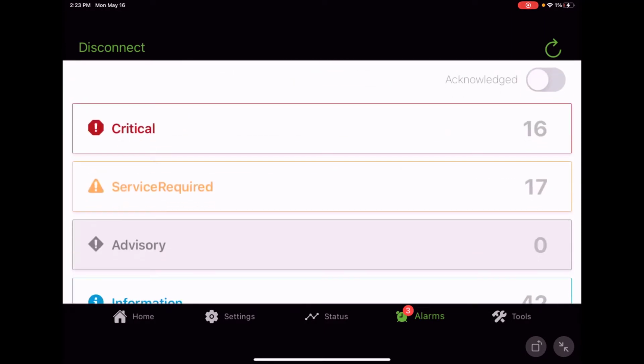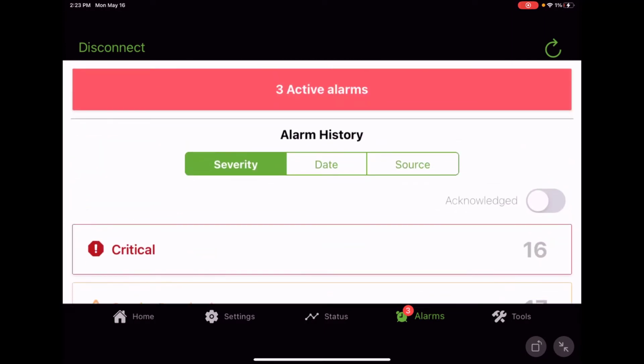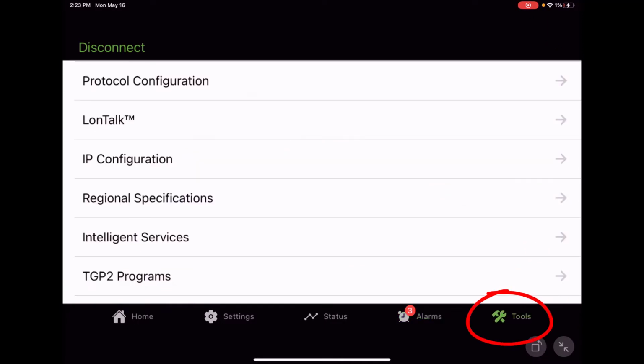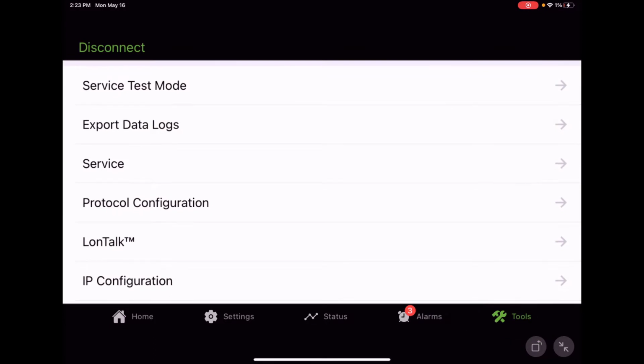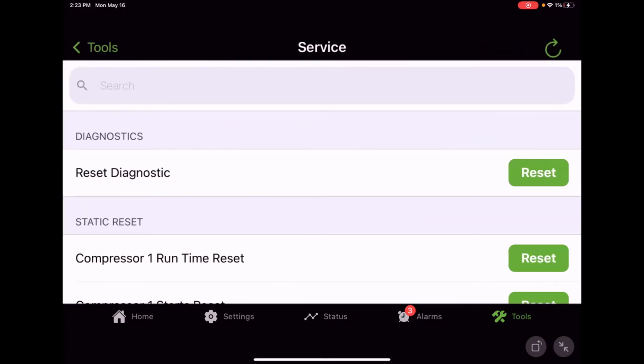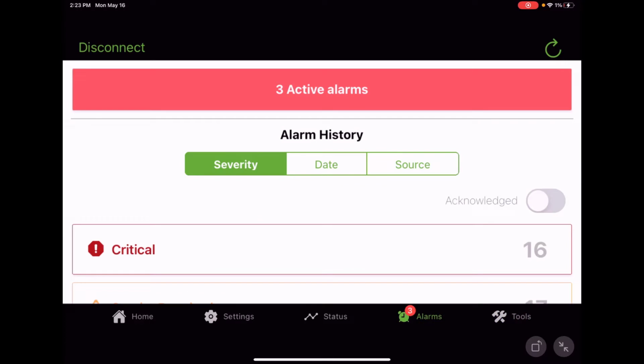How do I do this? How do I reset these alarms? Well, we got to go over to tools, right? And we got to make our way over here to service. And then we got this selection, reset diagnostics. And it'll go through and it'll reset any of the diagnostics. Now, if the diagnostics are still present at that time, they're still going to be there, right?